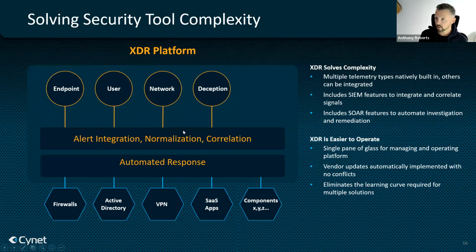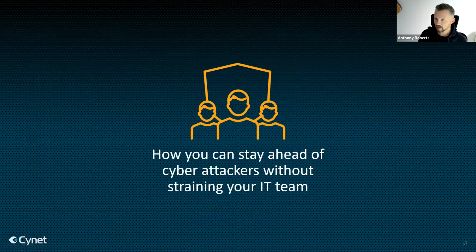We're not just telling you there's a problem, we're automating the response side of it as well. Hopefully that makes sense on the first topic I wanted to discuss, and you can see the benefits of XDR and how it can address complexity around security.